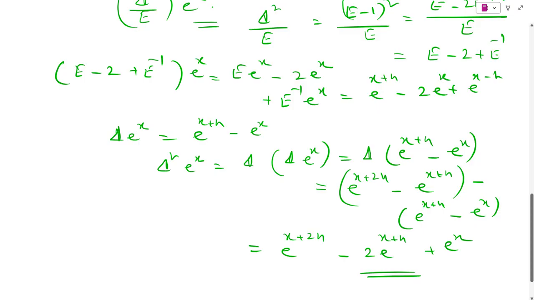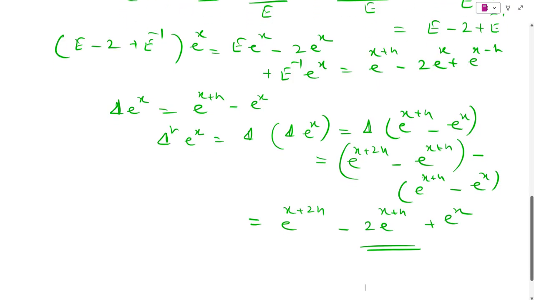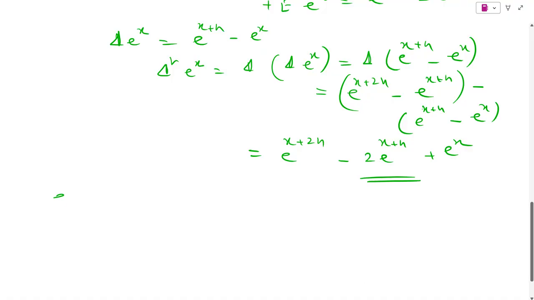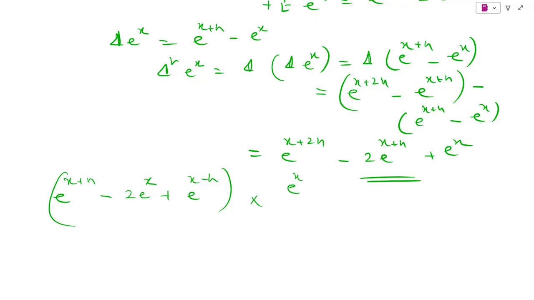Now if we multiply our parts as laid out in the original expression, the expression will be (e to the power x plus h minus 2 into e to the power x plus e to the power x minus h) into e to the power x plus h, by (e to the power x plus 2h minus 2 into e to the power x plus h plus e to the power x). Right?